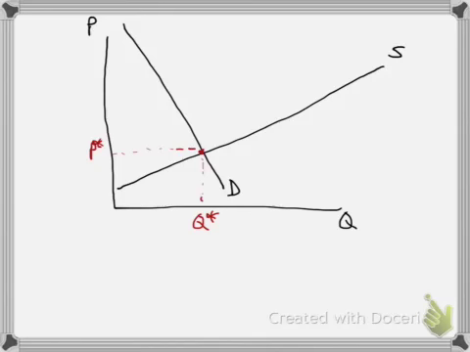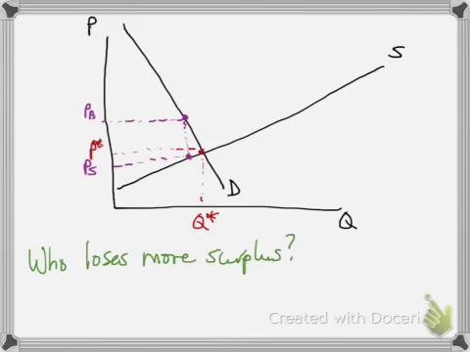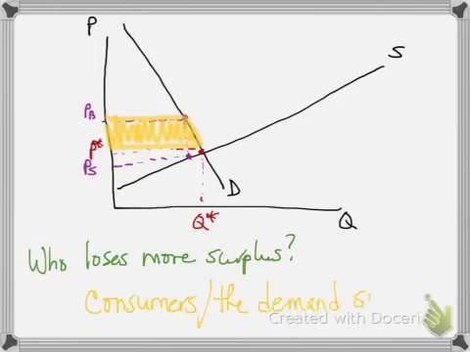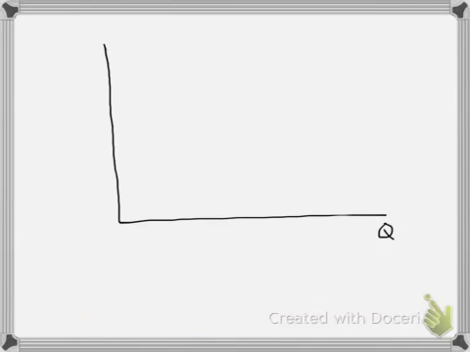When we put in a given amount of tax wedge, who's going to lose more surplus? Well, the consumer area that's lost, the upper triangle and rectangle, is much greater than the lower area that's still being taken away from the producers but isn't nearly as big. So the demand side loses more because the demand side is inelastic.